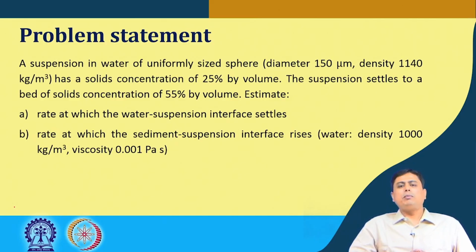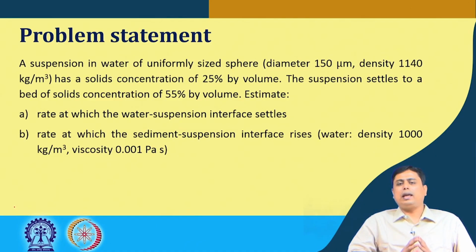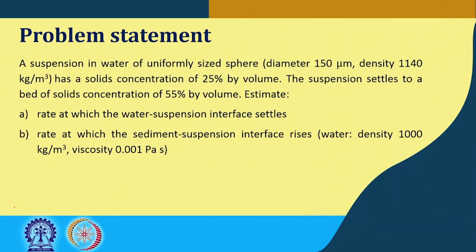If you remember the last class, there was a clear liquid zone at the end of an experiment, which we mentioned as zone A, and a sedimentation zone with a clear interface between the clear liquid and the sedimented part, say zone S. Here the initial concentration of the suspension and the sedimentation concentration are provided. So we have to calculate the rate at which the water-suspension interface settles.